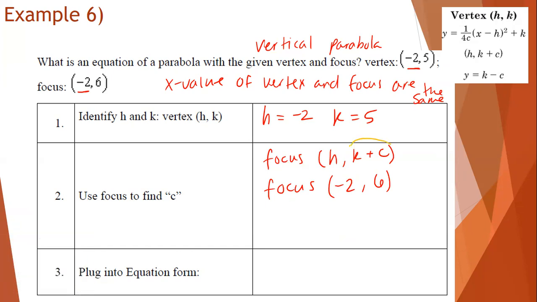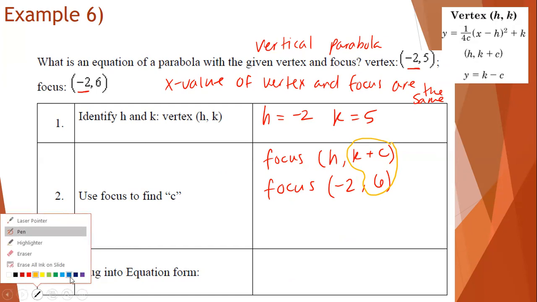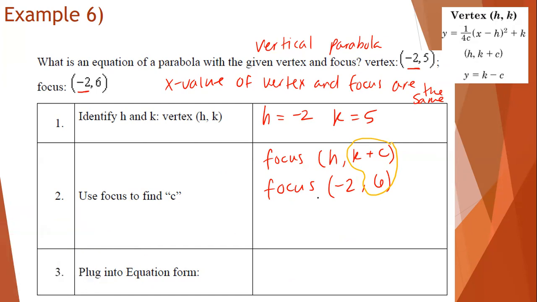So k plus c equals 6 lets me solve for c. What is k? k equals 5. So 5 plus c equals 6. So what does c have to be? 1. So c equals 1.